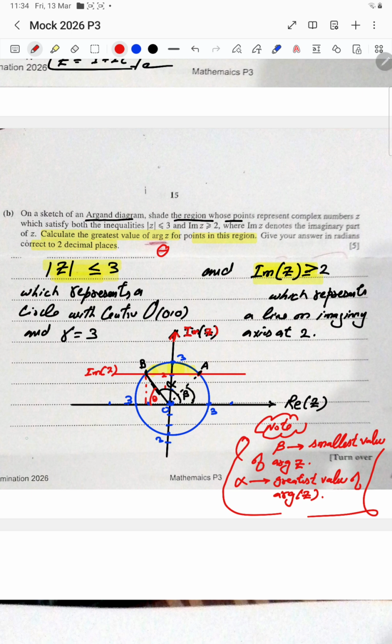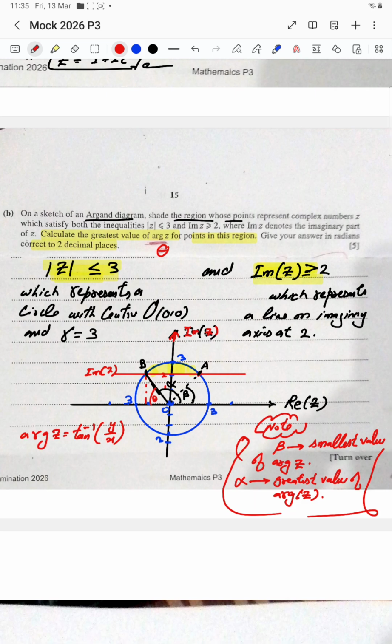So argument of z, I can write, is tan inverse of y by x. So y is 3 up, and on x we have to calculate this.